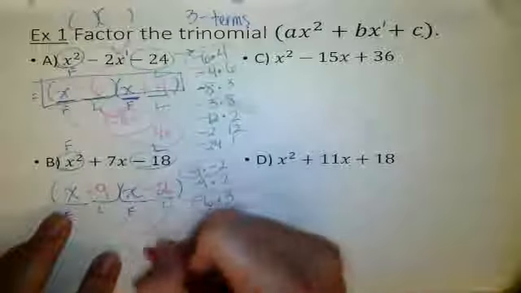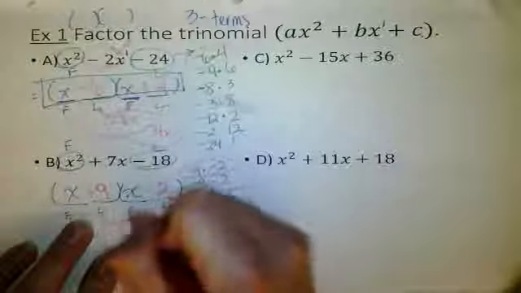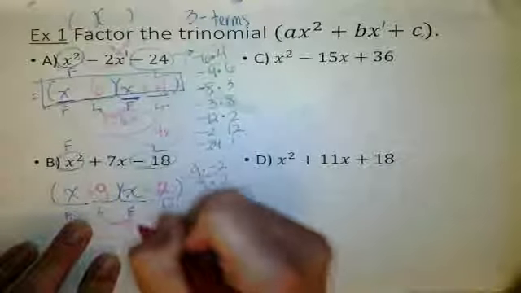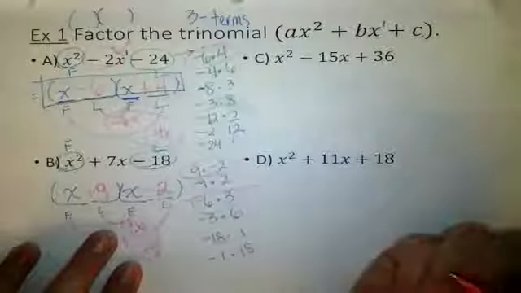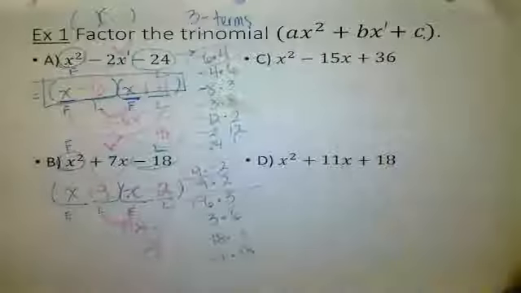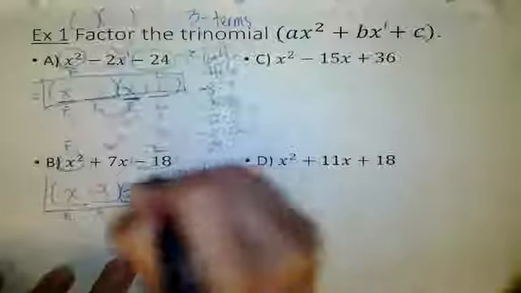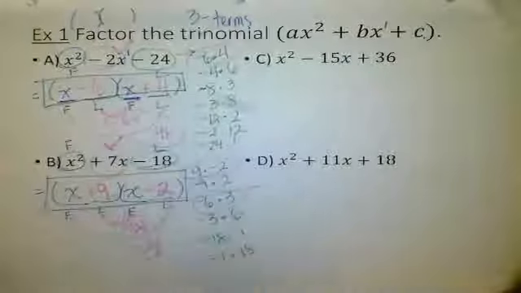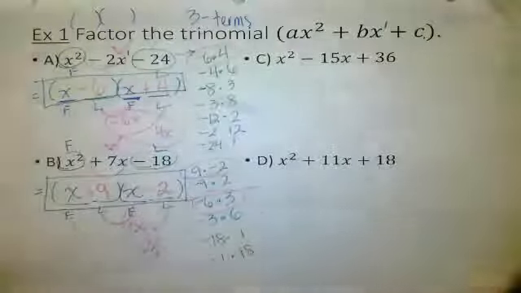X times negative 2 is negative 2x. 9 times x is 9x. 9x and a negative 2x is positive 7x. Now we know we did it right. And again, you could FOIL everything together if you really wanted to make sure, but checking the rainbow is probably sufficient. Okay.